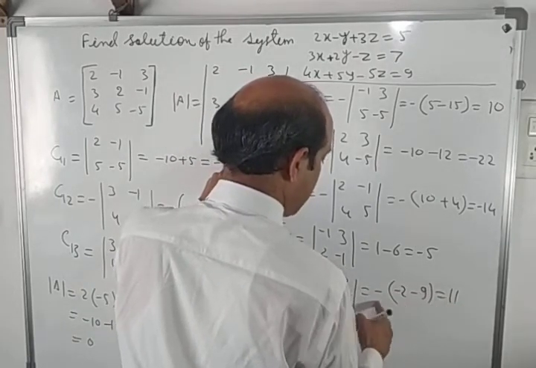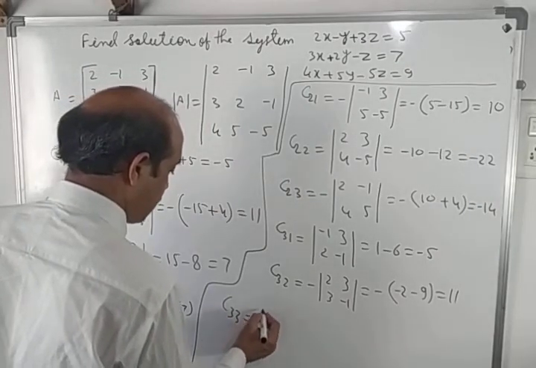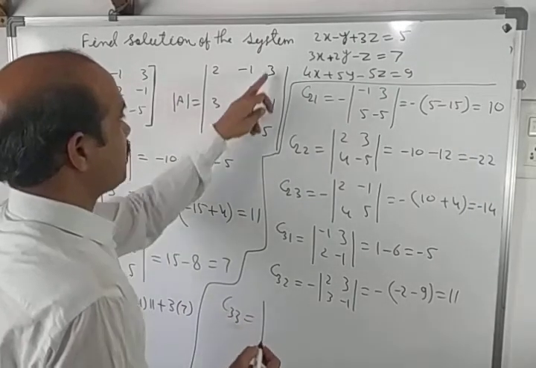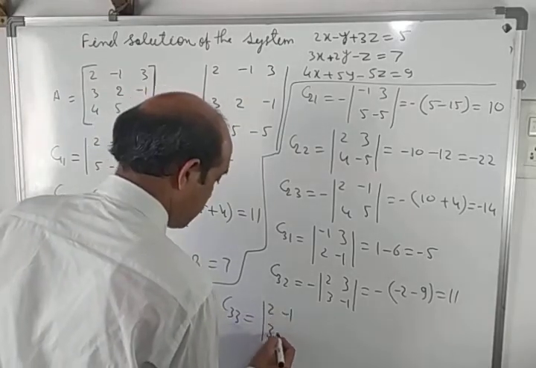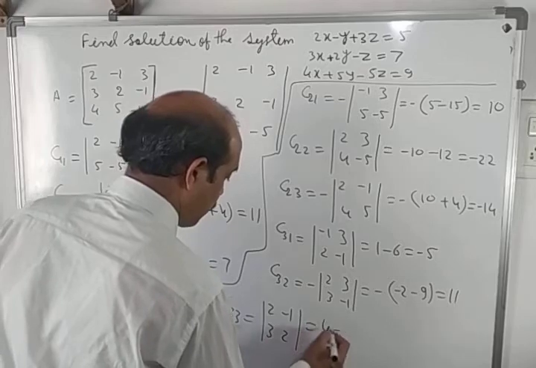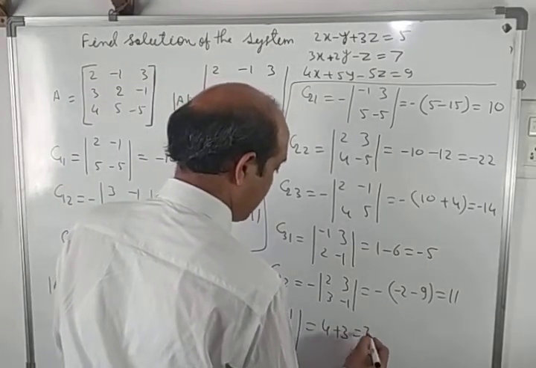It is minus 11, but because of the minus it is plus 11. Now third row, third column, 2 minus 1 3 2, 4 minus minus minus plus 3, so it is 7.